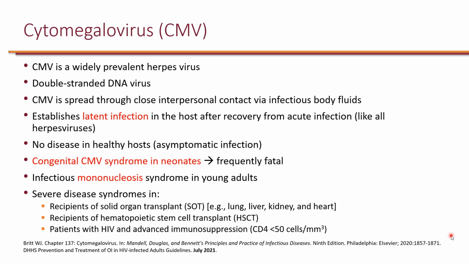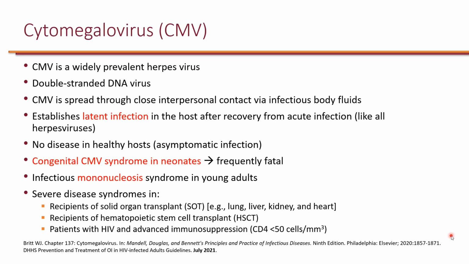Now, when somebody gets infected by CMV, it establishes latent infection in the host after recovery, just like all other herpes viruses. And pretty much more than half of the population is infected with CMV. Fortunately, there is no disease in healthy hosts, so it's pretty much an asymptomatic infection in healthy individuals.